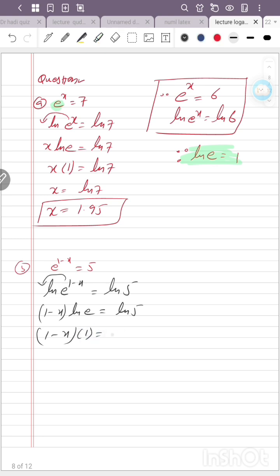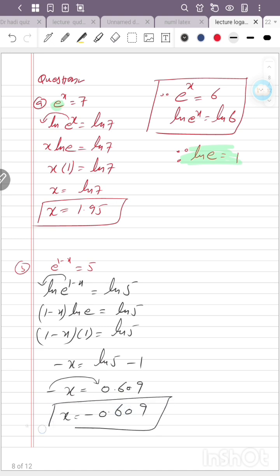The answer will be 1 log of 5, so 1 minus x equals log of 5. Minus x equals log of 5 minus 1. So we got the answer. When we calculate all these, we get minus x equals 0.609, so this minus will shift here, x equals minus 0.609. We got this answer. Hopefully you can understand this concept.